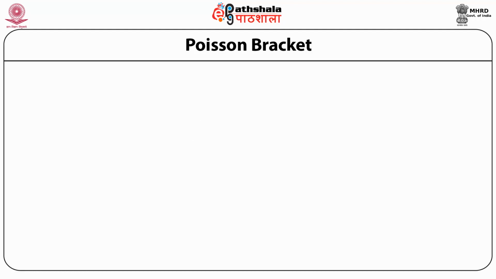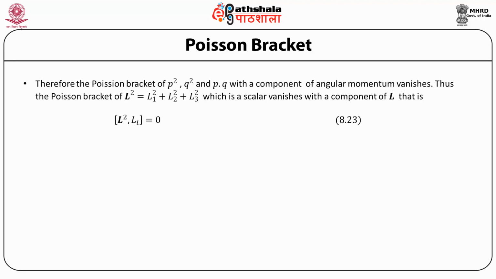So what we have seen is that the Poisson bracket of P square, Q square, and P dot Q with any component of the angular momentum vanishes, because we have seen that the Poisson bracket of P dot Q with Lj vanishes, and the Poisson brackets of P square with Lj and Q square with Lj all vanish.